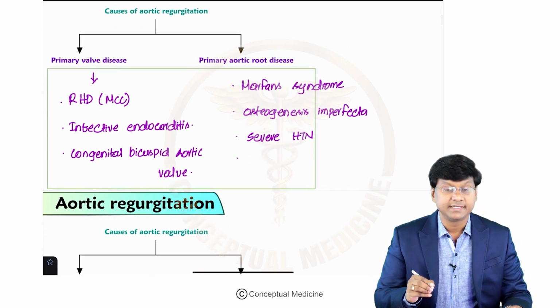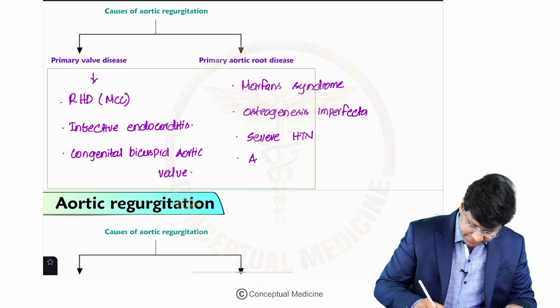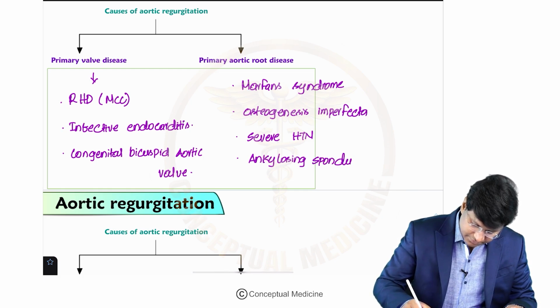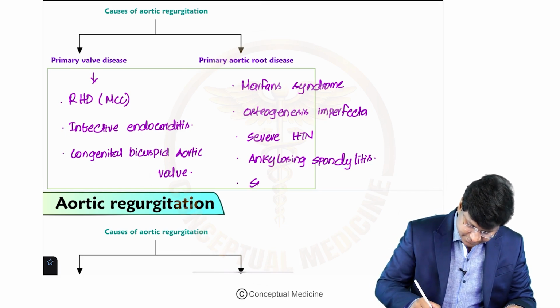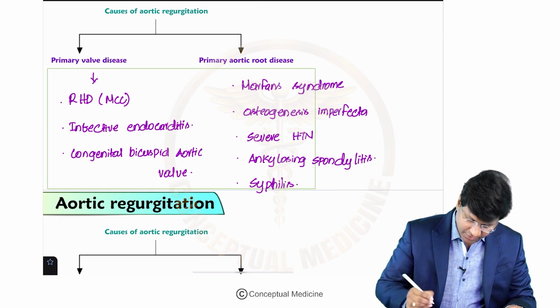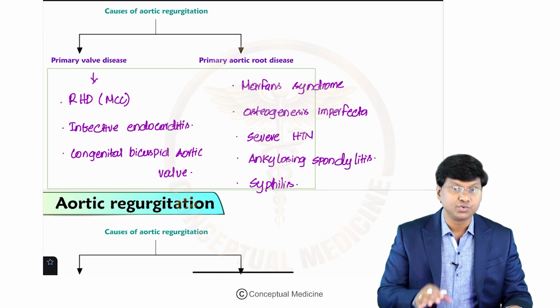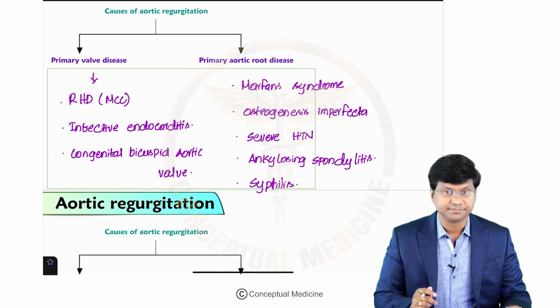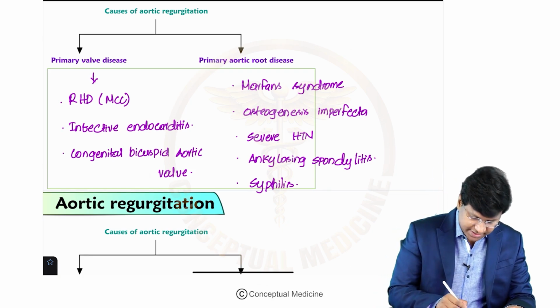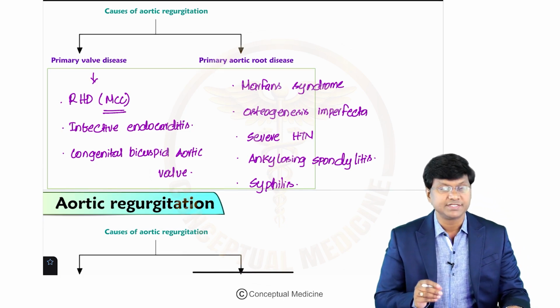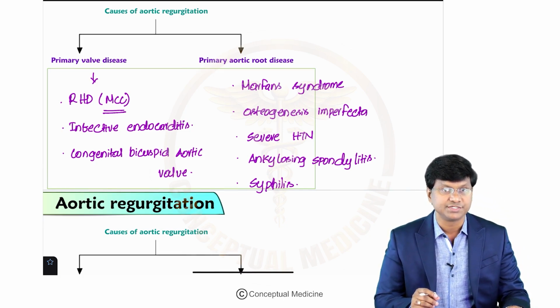Followed by that, ankylosing spondylitis, and lastly we have syphilis. So these are the aortic root diseases which will cause aortic regurgitation. Among all these, the most common cause is rheumatic heart disease.